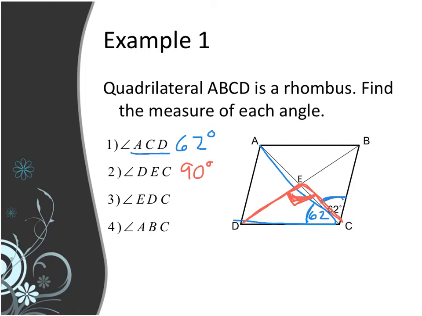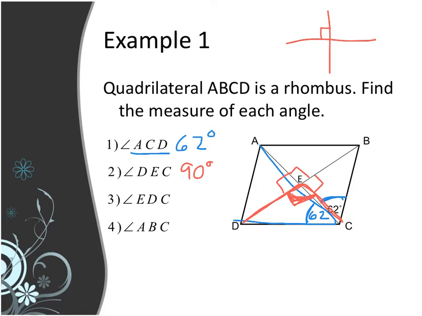Perpendicular means that it intersects at a 90-degree angle. So in a rhombus, the diagonals are always going to intersect at 90 degrees. So the other side's going to be 90 degrees too? All the ones in the middle are going to be 90 degrees.